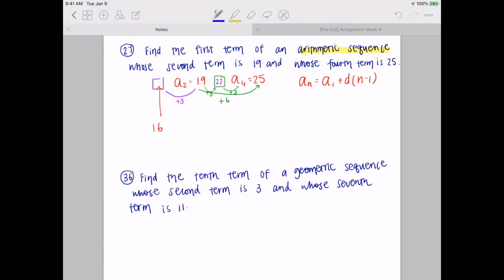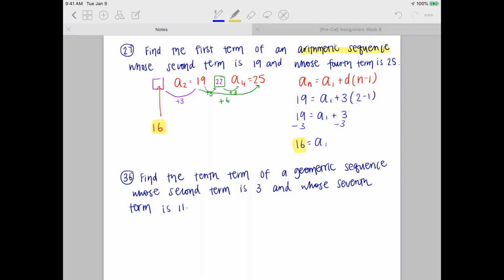So this would be 19 equal to a sub 1 plus, I know the pattern is 3, and 19 is my second term, so it will be 2 minus 1. And then if you solve for this, 3 times 1 is 3, and then we minus 3 on both sides, we get 16 equals a sub 1. So both ways work, we still get 16 as our answer.